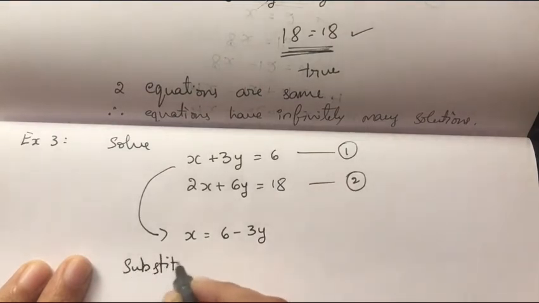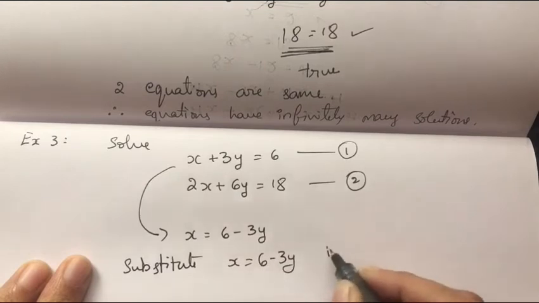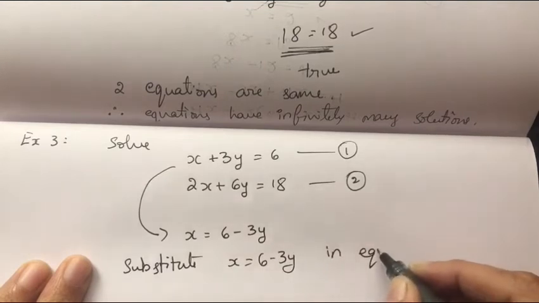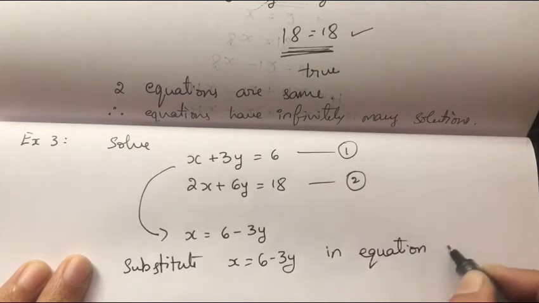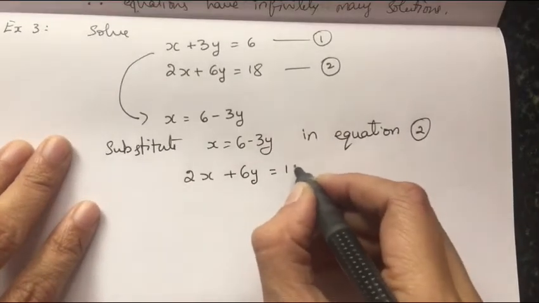Substitute the value of x in equation 2. Equation 2 is 2x plus 6y equal to 18.